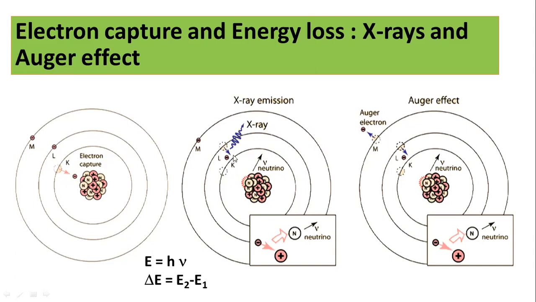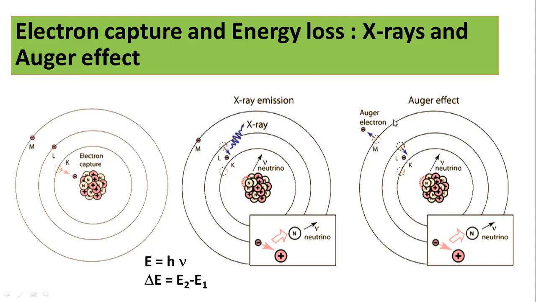So again, now the vacancy is created, and the electron is deficient in the second shell. With the emission of the X-ray, if this X-ray has sufficient energy to further remove an electron from the outer shell, let's suppose from the M shell, these electrons are called the Auger electron, and this effect is called the Auger effect.